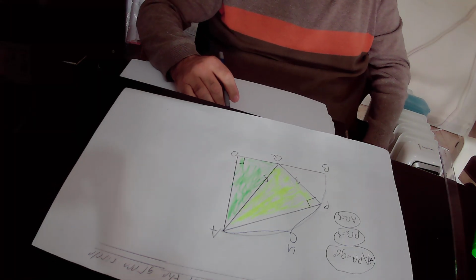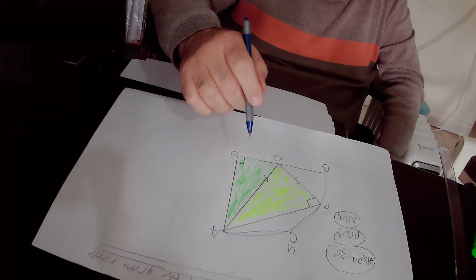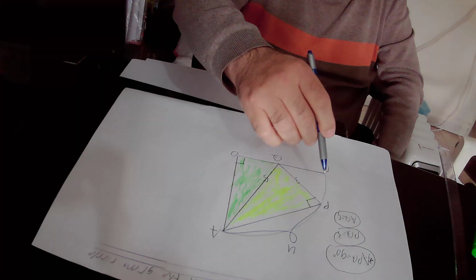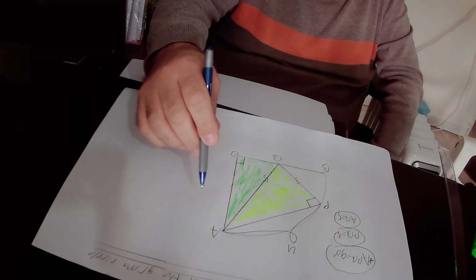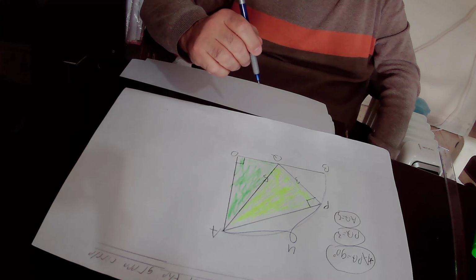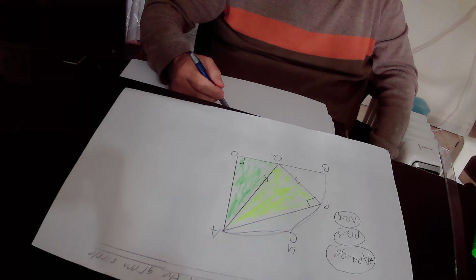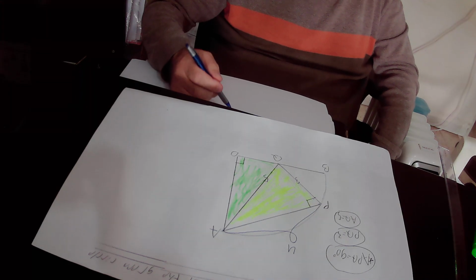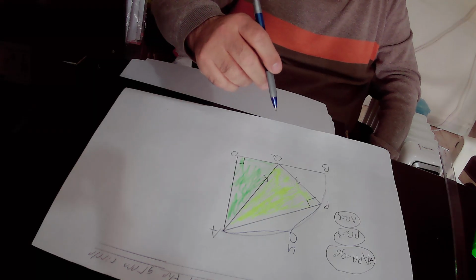So here we have AOB, a quarter circle, and we can easily complete the quarter circle to a circle, and then point O will be the center of the circle. We have rule number 2, that a perpendicular from the center of a circle towards any chord bisects the chord.